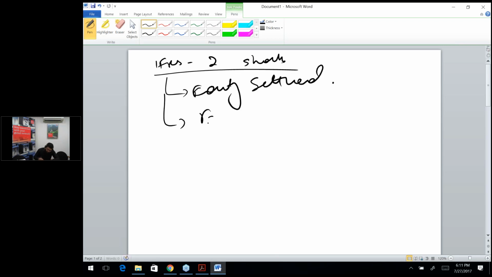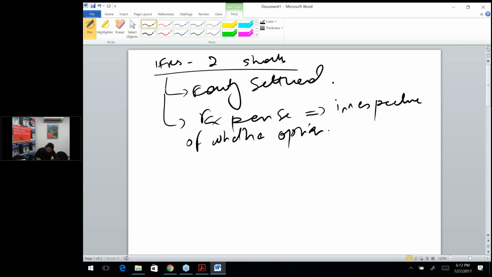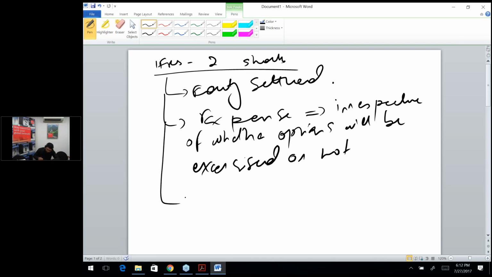And when it comes to an equity settled share-based payment transaction, you need to recognize the expense irrespective of whether options will be exercised or not. So what does IFRS 2 say? IFRS 2 says that it's an equity settled share-based payment transaction. You need to recognize the expense irrespective of whether the option will be exercised or not.